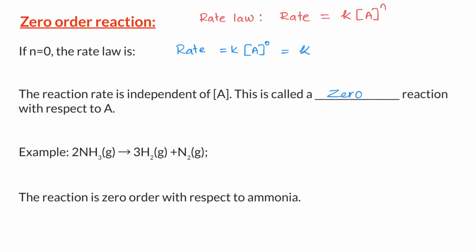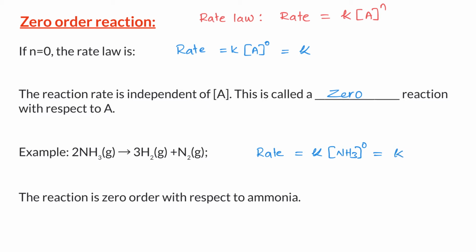An example of a zero order reaction is 2 moles of ammonia dissociating to give 3 moles of hydrogen and 1 mole of nitrogen. Again, the experimentally determined rate law for this equation is rate is equal to k times concentration of ammonia to the power 0, which is equal to k.